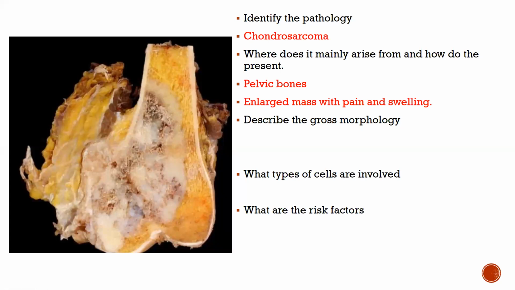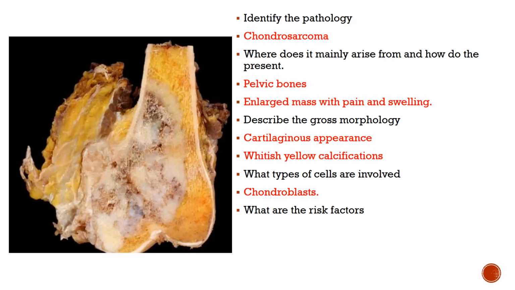Okay, describe the gross morphology. Okay, the white or yellow thing here, I already told you, looks more of a calcification, if I'm not wrong. Yeah, I'd go with that. That's easy to pick up actually. Okay, what types of cells do you get to see in chondrosarcoma? I mean, microscopically, you'd find chondroblasts.